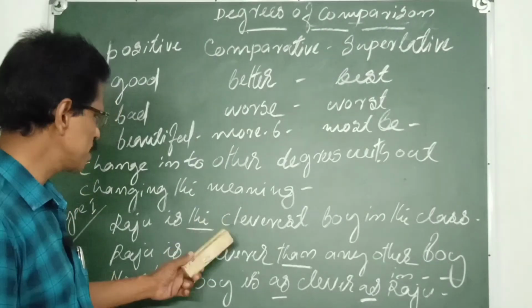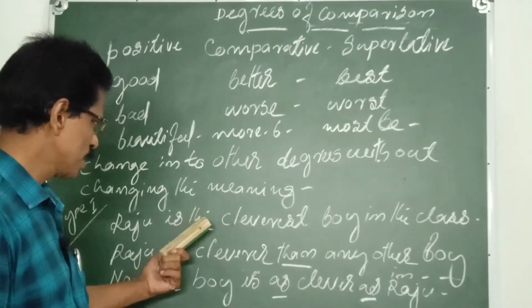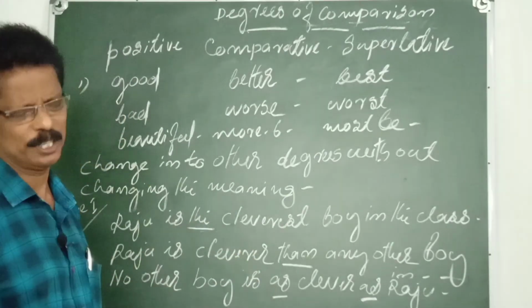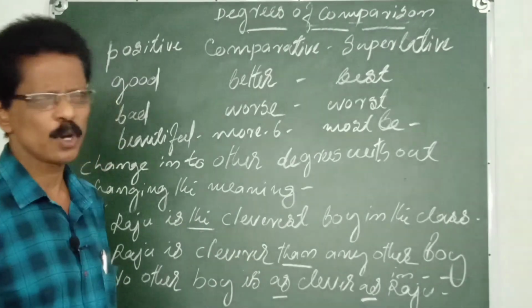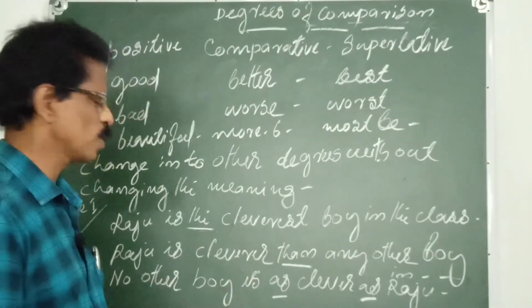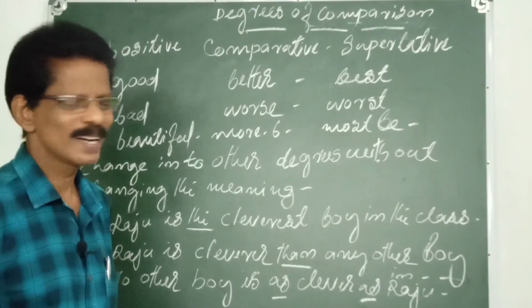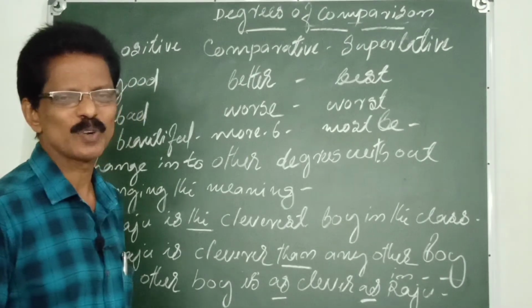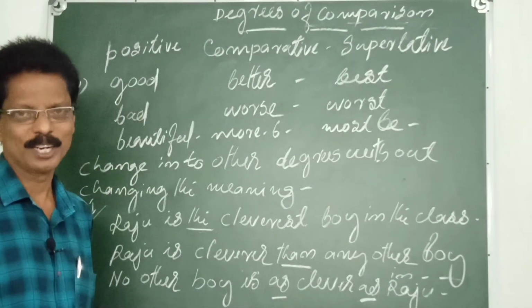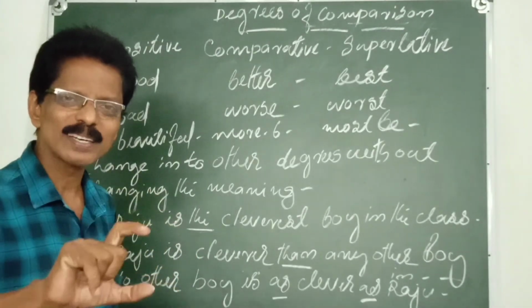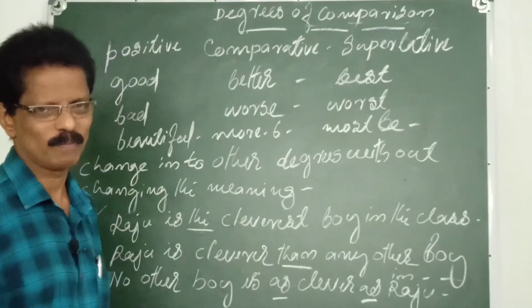See, the easy way is to change from superlative to comparative to positive. Other ways are possible too, no problem, but this is the easy way to understand. Now take another example. Sheila is the most beautiful girl in our class. Sheila is more beautiful than any other girl in our class.